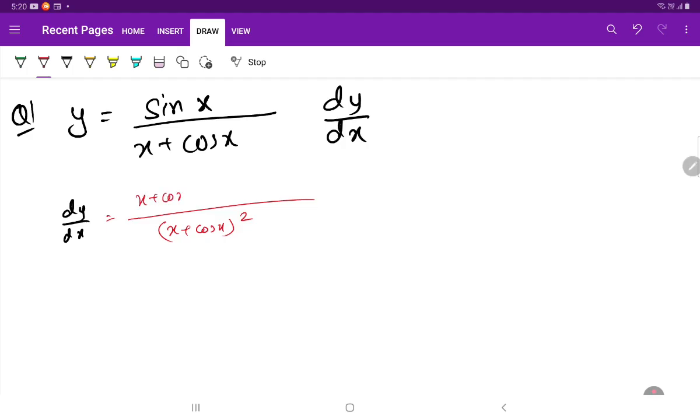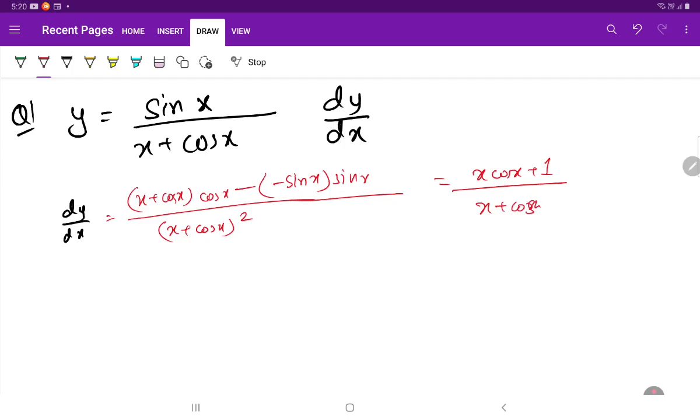It will be x plus cos x into cos x, minus minus sin x into sin x. Just a minute, there's some problem in the expression. Yes, it will be 1 minus sin x, so you'll get it to be plus 1, and another minus sin x will be there in the term. So that's the answer.